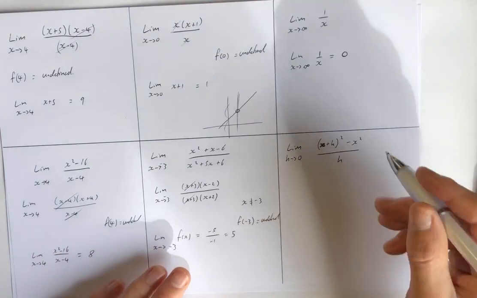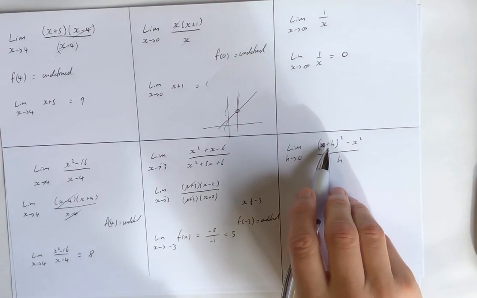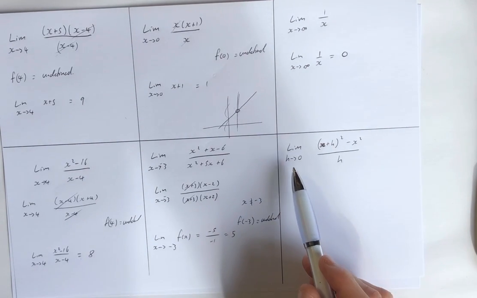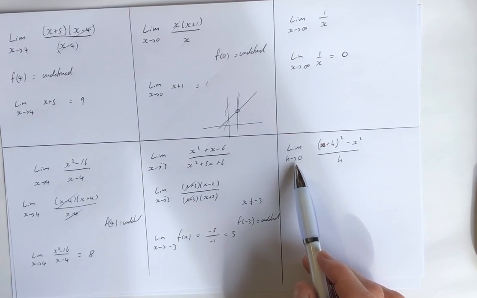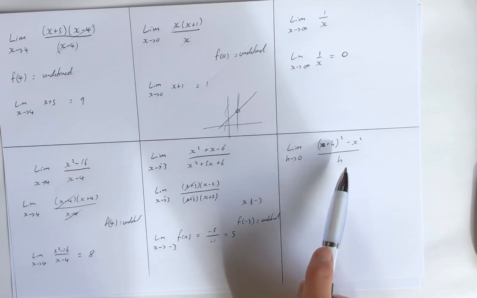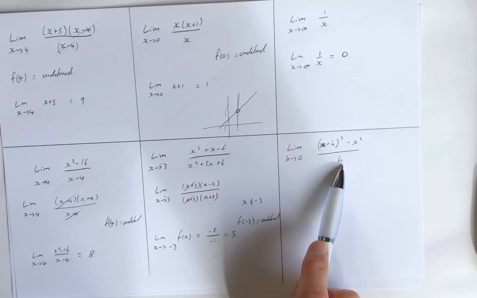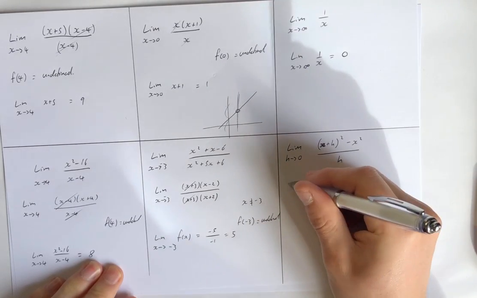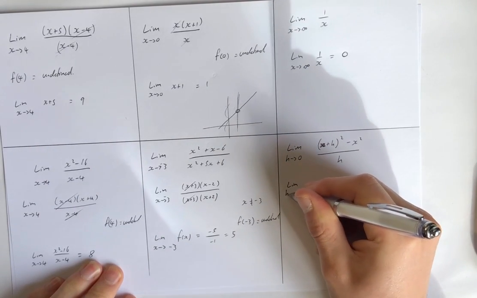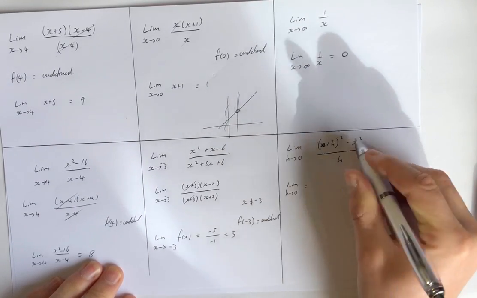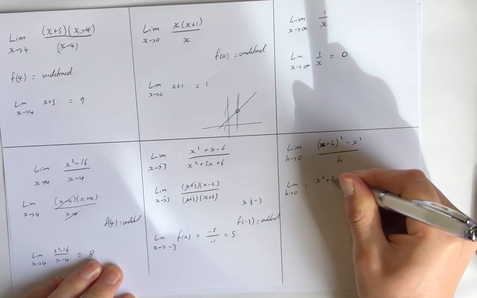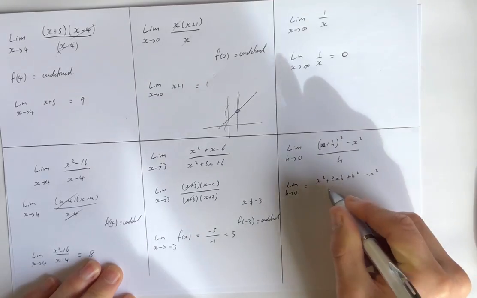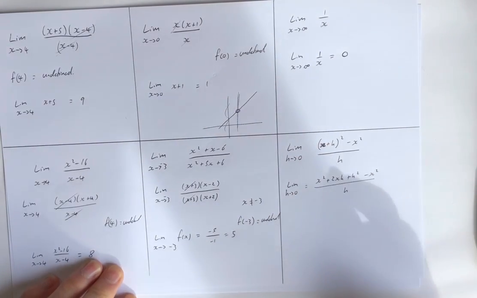Okay, so have a look at this one. It's x plus h squared minus x squared, over h. And what happens is h goes to 0. Well, you'd think that it would be undefined. But let's have a look at what happens when we rearrange and manipulate this. So we'll expand the top. x squared plus 2xh plus h squared minus x squared, all over h.